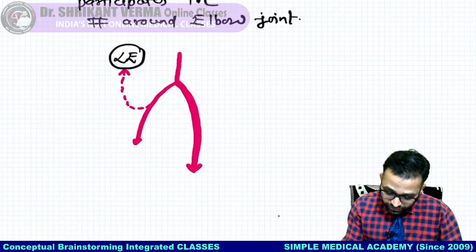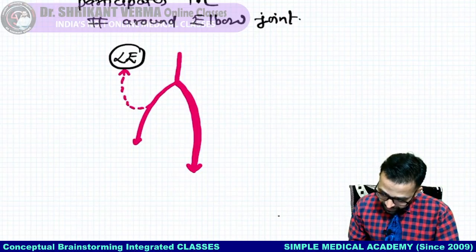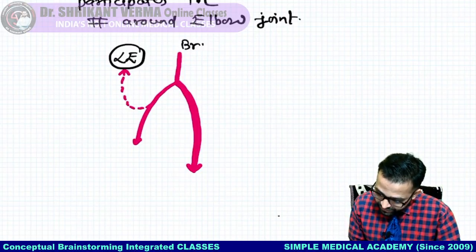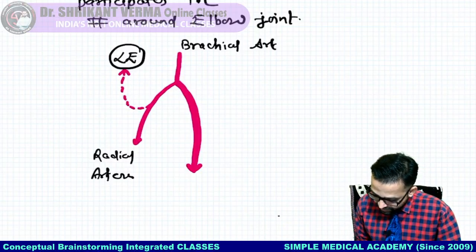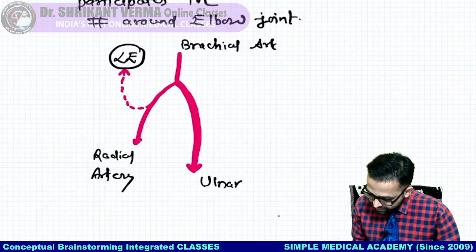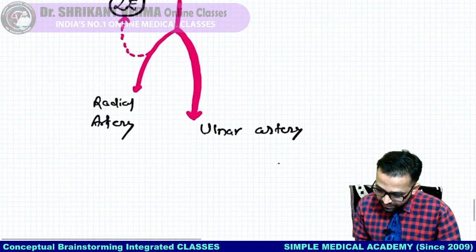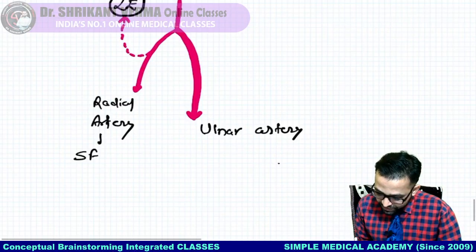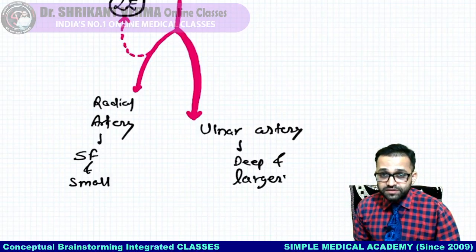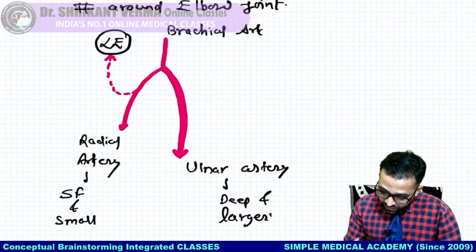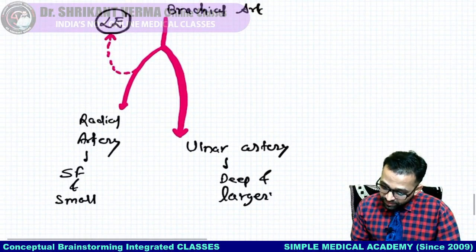Yes, now try to understand here. This is our brachial artery, here is our radial artery, this is our ulnar artery. Radial artery is superficial and small, ulnar artery is deep and a larger branch. What point can you remember?